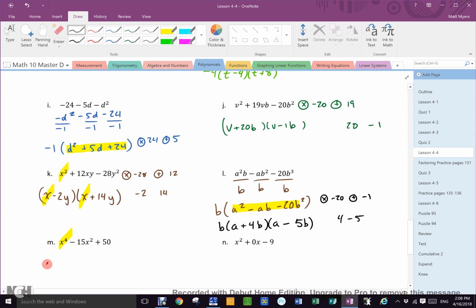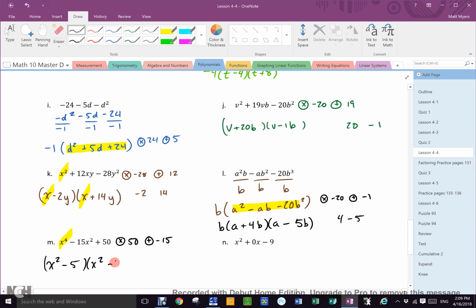I could go x squared times x squared. Wouldn't that give me x to the 4th? Wouldn't it? Okay, well, then let's see if this works. Are there numbers that will multiply to 50 and add to negative 15? What is it? Negative 5 and negative 10.